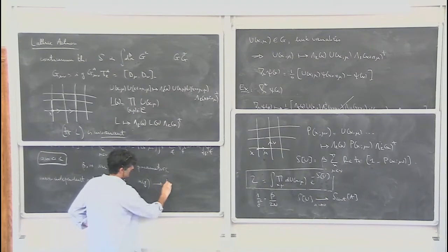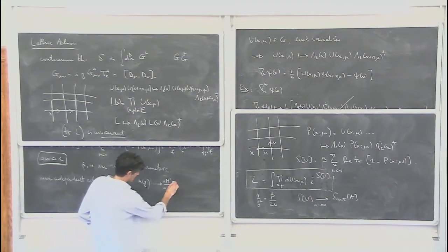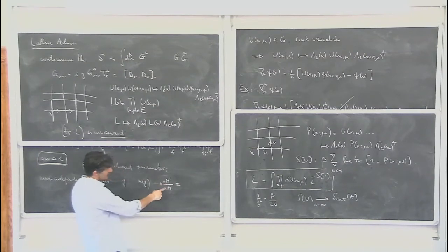Okay, so for instance, the mass of two physical states. You can measure both of these quantities on the lattice. We're going to discuss this tomorrow.